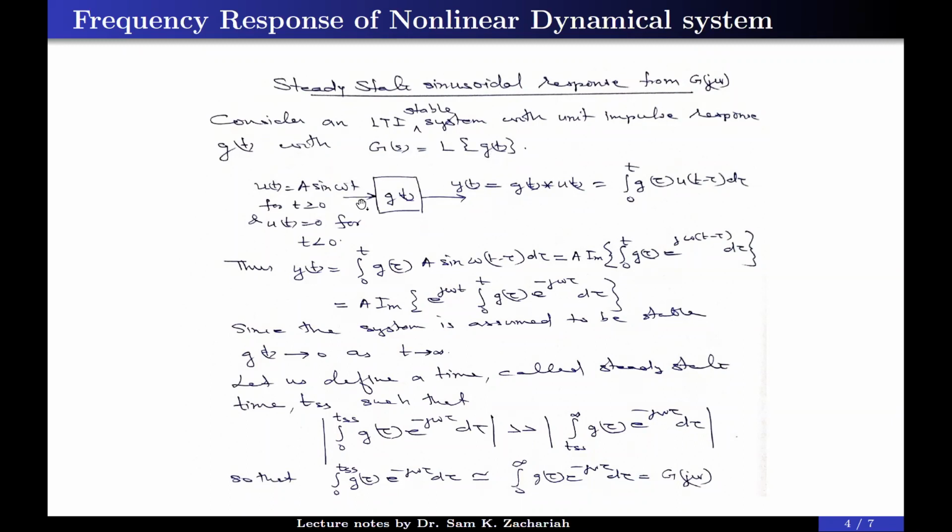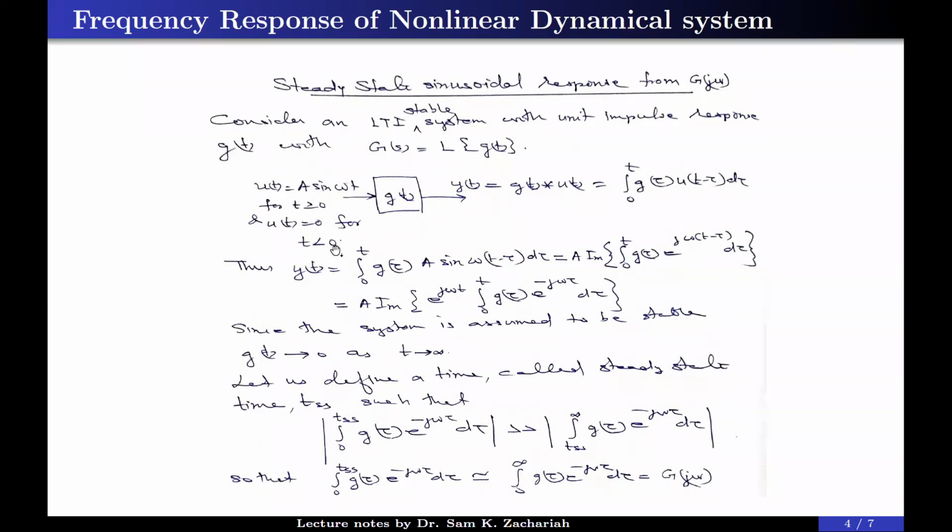Now you are considering the response like this. g(t) represents the system, and u(t) is equal to A sin omega t, where A is the amplitude, omega is the radian frequency, t is the time, and that is defined only for t greater than or equal to 0. And we take u(t) equal to 0 for t less than 0. That is, we are considering only the physical domain.